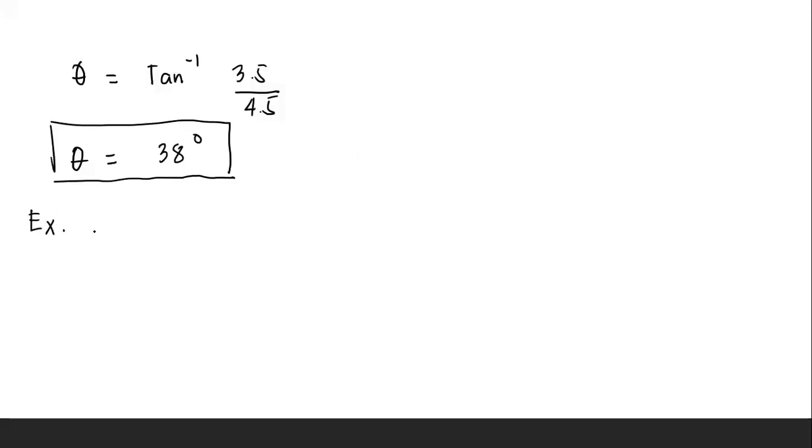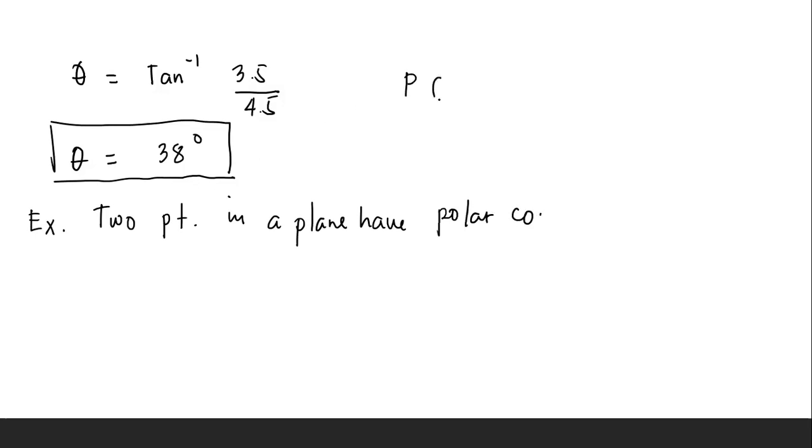Okay, another example, 2 points in a plane have polar coordinates. Now, the given is the polar coordinates, not the Cartesian coordinates. Remember that the polar coordinates is composed of the hypotenuse and the angle theta, while the Cartesian coordinate is composed of x and y.